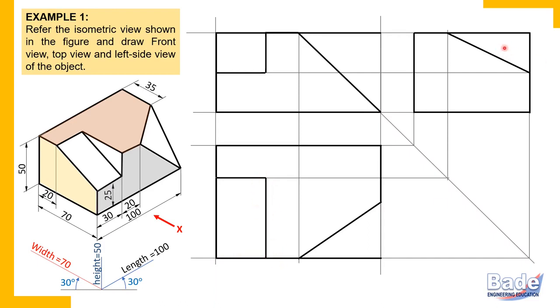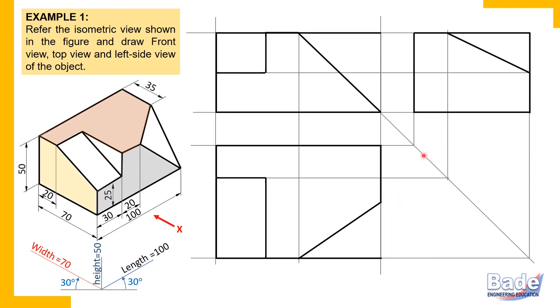If I ask you where this triangular surface is in the front view, simply show me this line, because this triangular surface has its true shape in the side view. In the front view it is a line, in the top view it is a line, in between the corresponding projectors. If you draw end projectors of this triangular surface, watch here, these are the end projectors. Between these end projectors, you will get that line. So the end projectors logic is very important to understand the relative position of different features of the object.